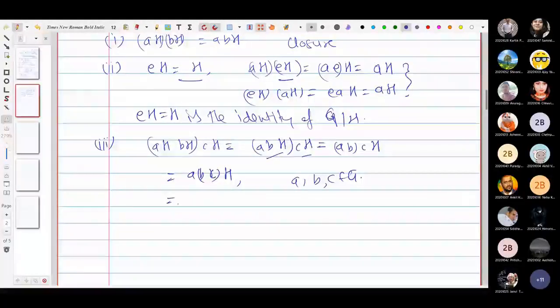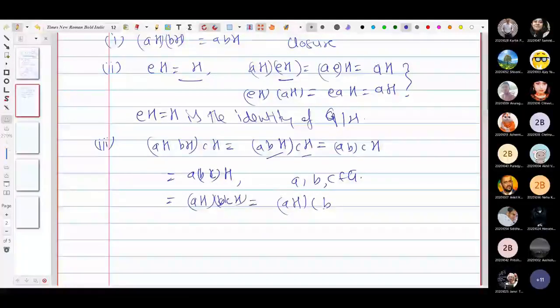So we write A H and then B C H in another bracket. This equals A H and then B H, C H. So this confirms the associativity.